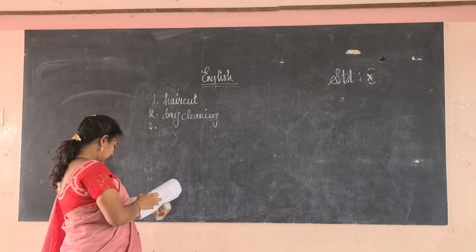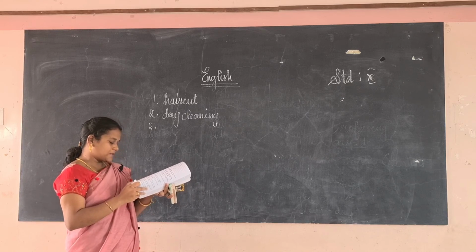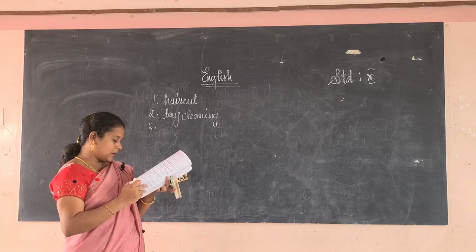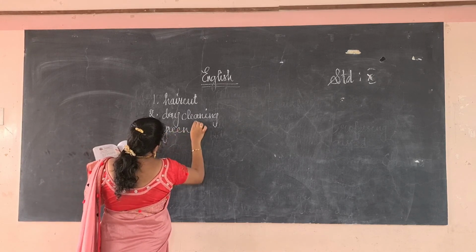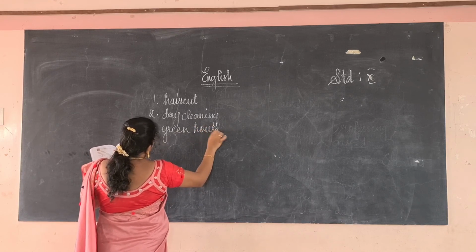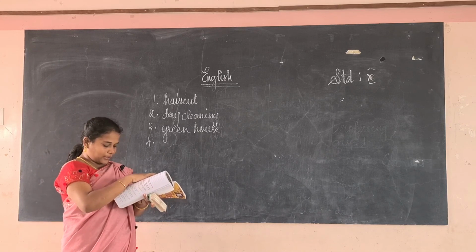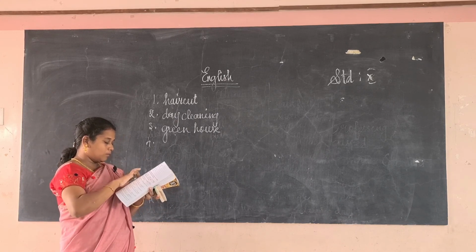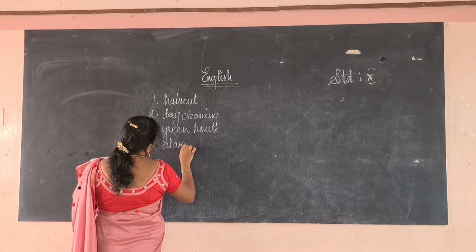Third one. The dash is a natural process that warms the earth's surface. Which is the natural process? Greenhouse. Okay. Next. Never wait for the dash to wake up. So alarm clock.